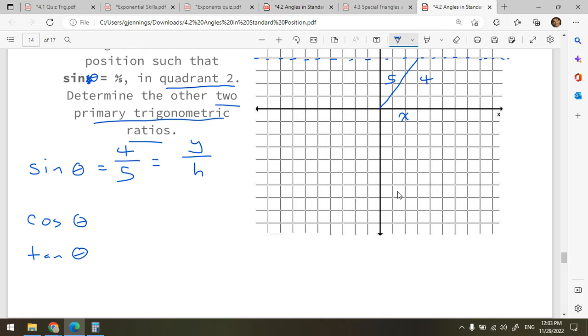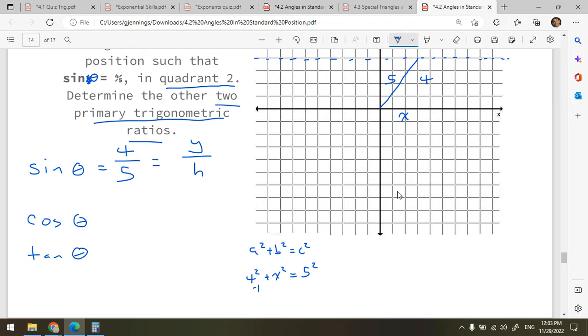So what I would do is set up my a squared plus b squared equals c squared. And I have to make sure I put the hypotenuse as c squared. So that's going to be 5 squared is equal to 4 squared plus x squared. 4 squared is 16. 5 squared is 25.